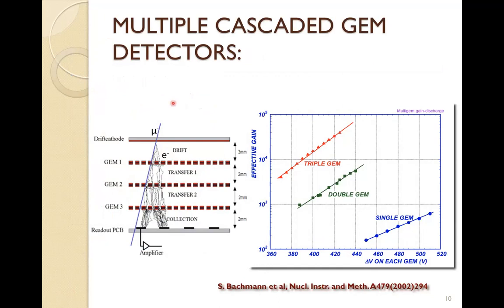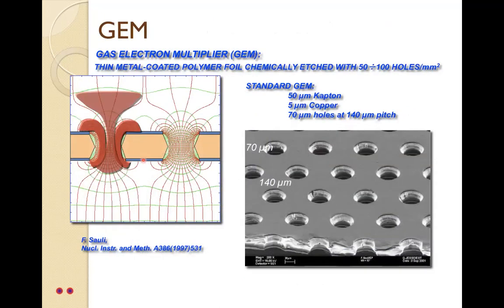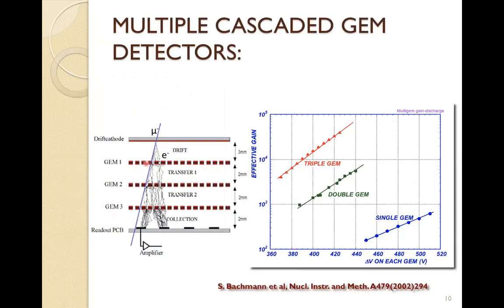Let's say this electrode, I have not talked about this electrode, now I am telling. This is the GEM foil, what you have seen here. Before this GEM foil, where I told the primary ionization took place, this region is called the drift region, and this electrode on the top is called the drift electrode.